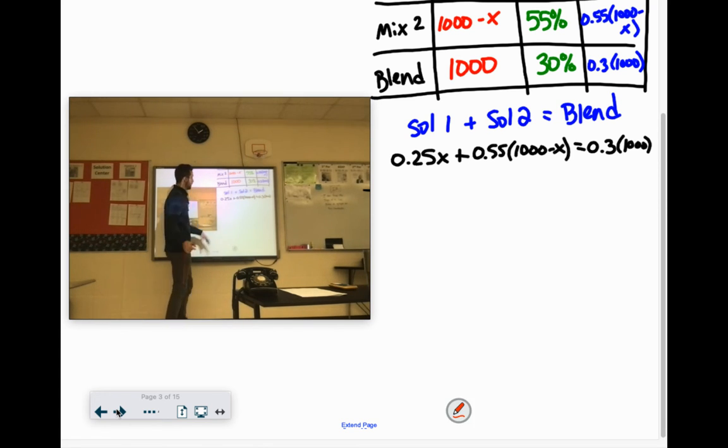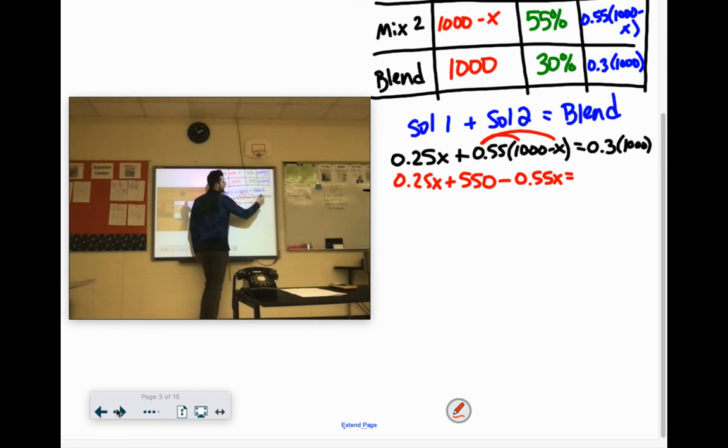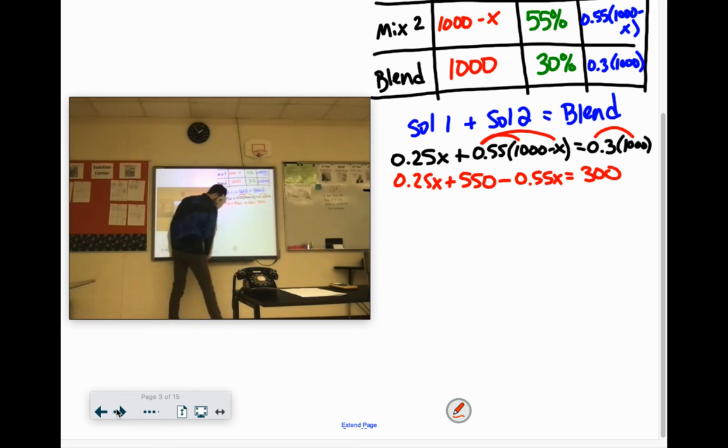All right, let's go ahead and do our steps. 0.25x plus 0.55 times 1,000 is 550. 0.55 times negative x is negative 0.55x. 0.3 times 1,000 is 300. Combining our like terms, a quarter minus 55 cents would be negative 30 cents.